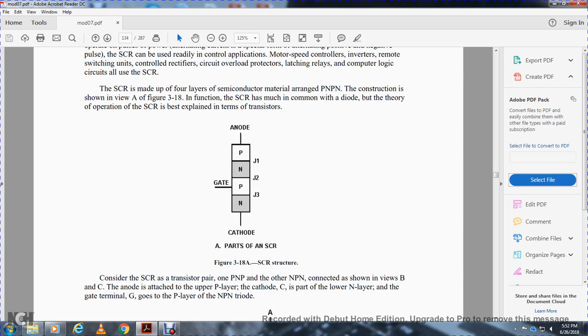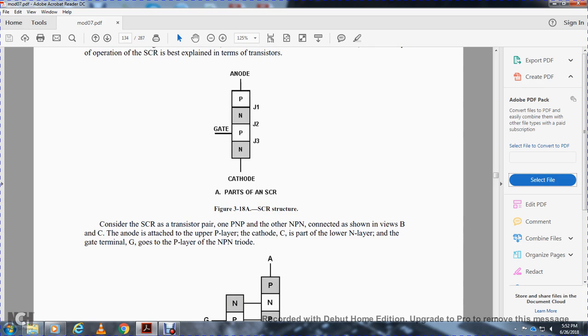Figure 3.18 shows the silicon controlled rectifier structure: the anode, junction 1, junction 2, junction 3, positive and negative layers, the cathode, and the gate. Consider the silicon controlled rectifier as a transistor pair, one positive-negative-positive and the other negative-positive-negative, connected as shown. The anode is attached to the upper P layer and the cathode C to the N layer.